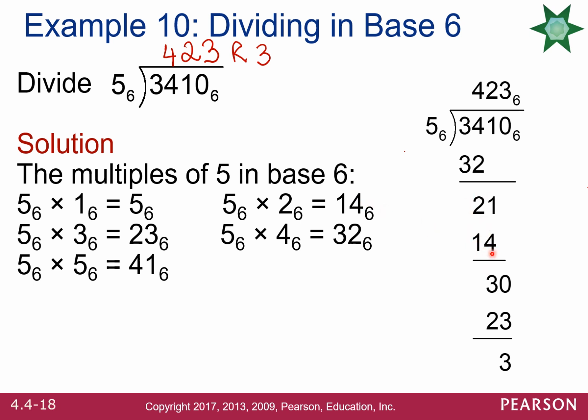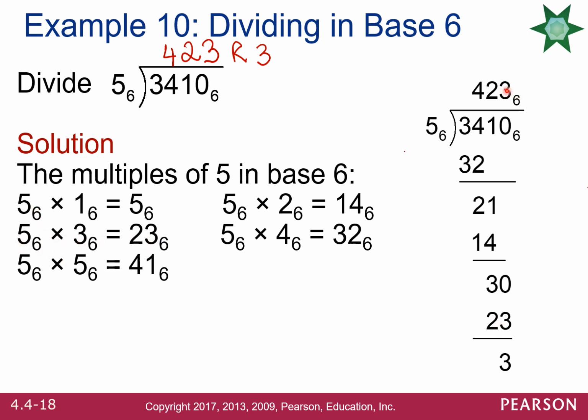So 21 minus 14 in base 6 is 3, but we bring down the 0 to make this a 30 base 6, and we repeat the process to find the value which is closest to 30 without going over, and that's 23 here, right? 5 base 6 times 3 base 6.